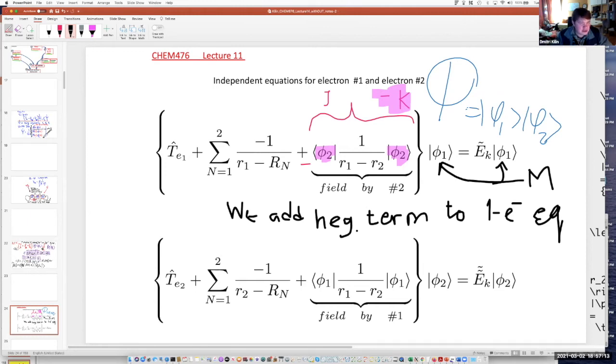So this is the actual equation for molecular orbitals. The equation for molecular orbitals that includes the negative exchange term is named the Fock equation, because due to Fock, we add this stabilizing term.